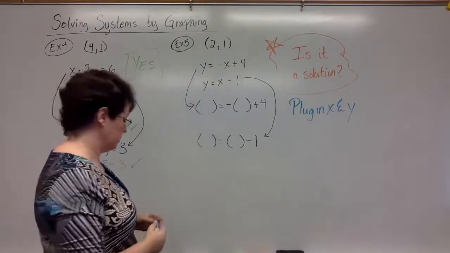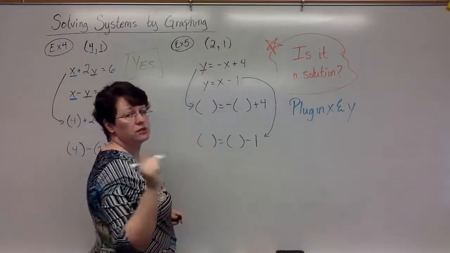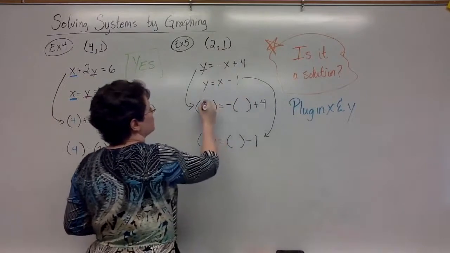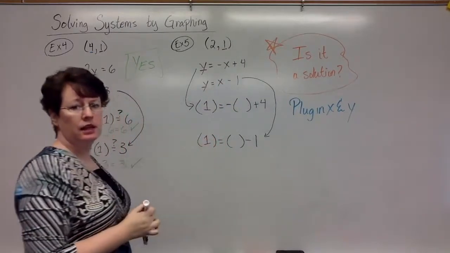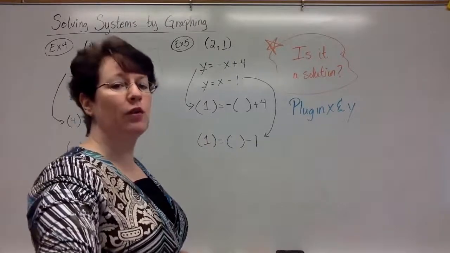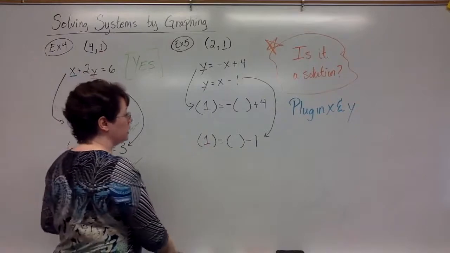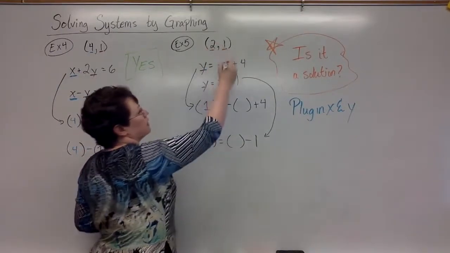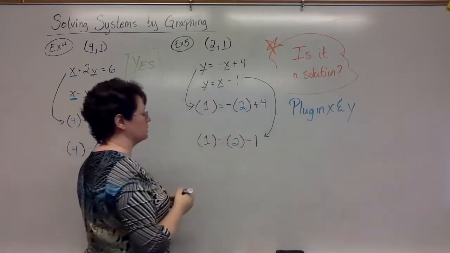It's a Y. Which number is the Y? Yeah, it's the 1. Okay? So I'm going to plug in a 1 for my Y's. Now the problem is we're so used to going in order with the X's first that some people will plug in the 2 and get it in the wrong spot. 2 is the X. So we plug in 2 in both places.